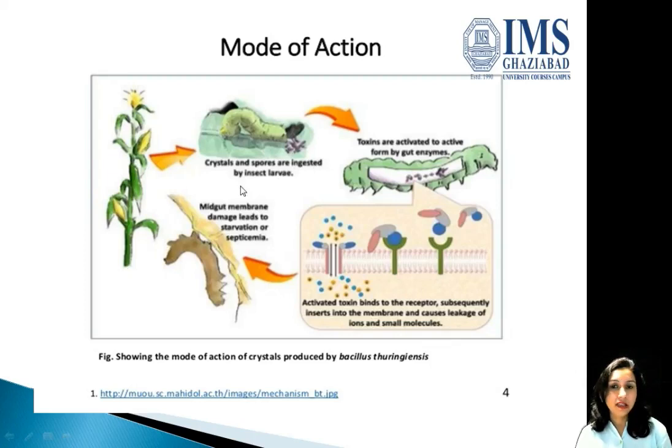First of all, in the insect larva, toxins are activated to the active form by gut enzymes, and the activated toxin binds to a receptor, is subsequently inserted into the membrane, and causes leakage of ions and small molecules. Mid-gut membrane damage leads to starvation or septicemia. This whole chart is showing how the crystal proteins are formed and ingested by the insect and how it causes death.